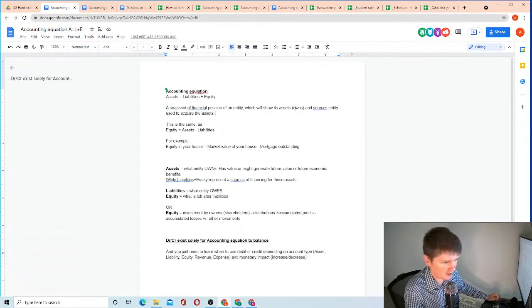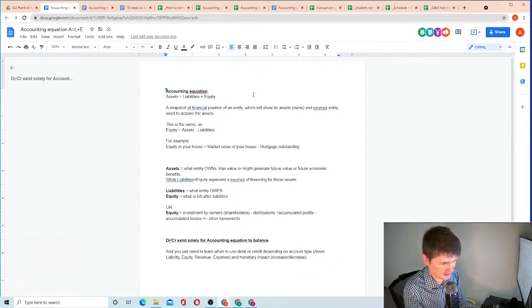to acquire those assets. So for example, if you invest your own money and buy some assets in the entity, even in our basic example, we put 100,000 cash in the entity. In the assets, we have cash. It's now the entity's asset. On the other side of the balance sheet, we have equity because it's the owner's investment.